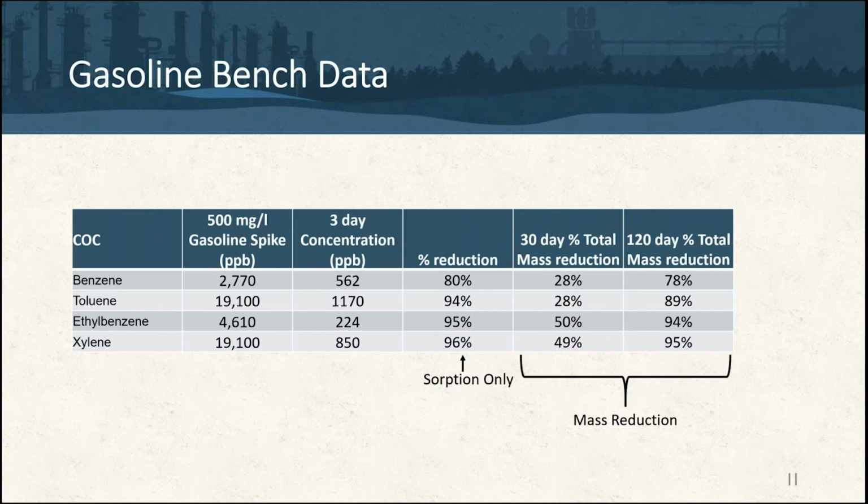Now these were aqueous experiments, so if you're talking about extrapolating this out to a field site, obviously the bench timeframes are going to need to be stretched out a little bit to see these concentration decreases longer over time. But it's a clear line of evidence that we're getting total degradation and not just sorption onto the activated carbon.